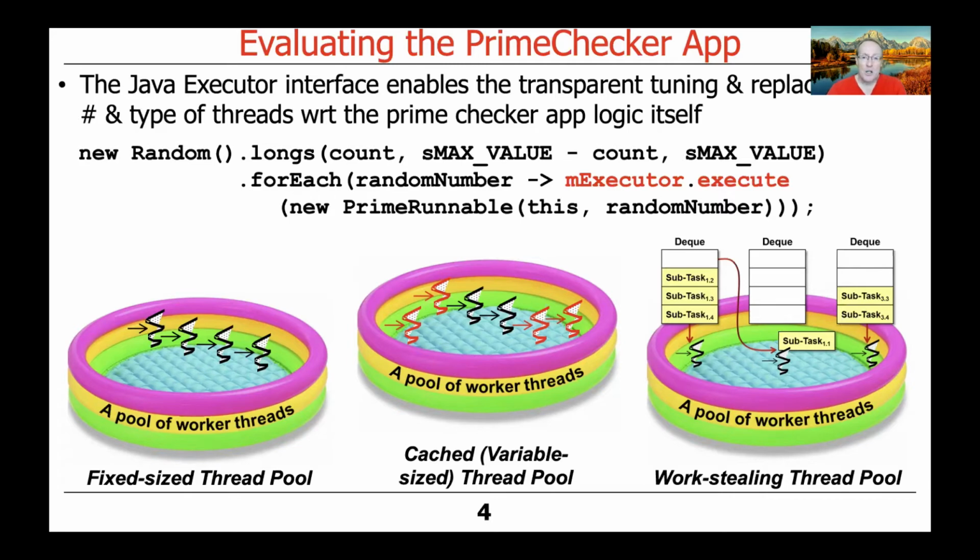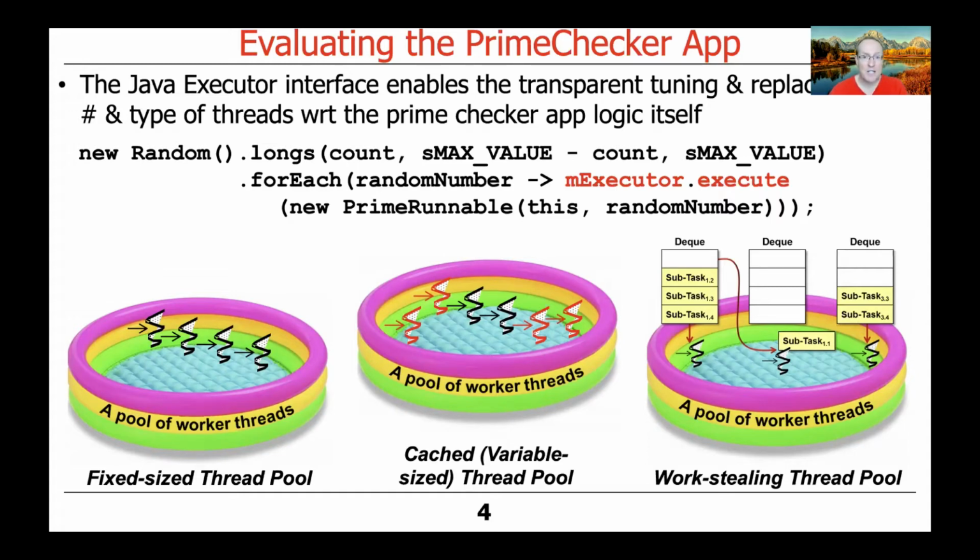concrete. So the nice thing about the Java Executor interface is it allows us to transparently tune and replace the number and the type of threads within the prime checker app logic itself. So all the application logic that we saw here in Android, for example, is completely independent of what kind of thread pool we use to implement the Executor interface.